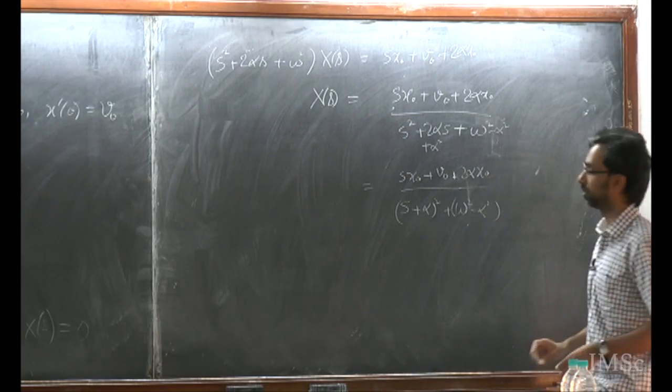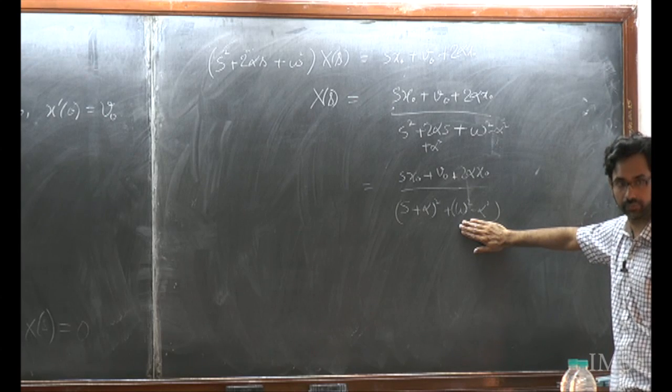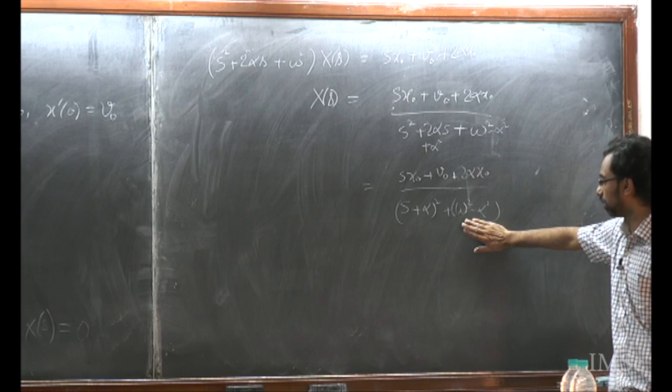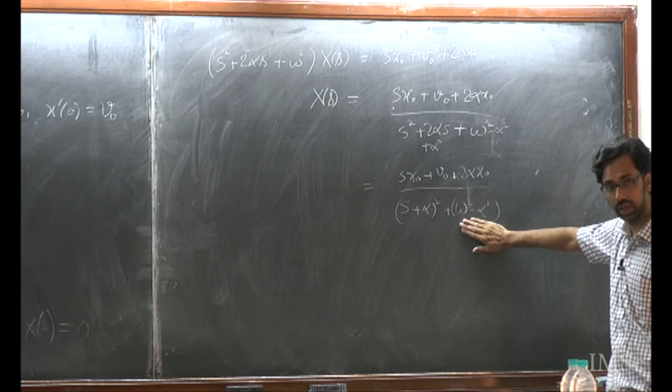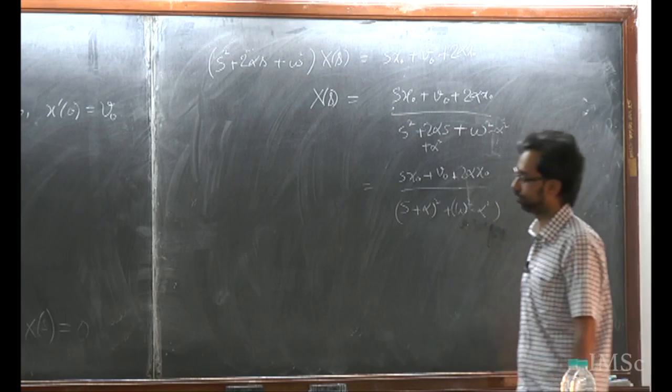And now the behavior of the system will depend heavily on this term, right? Whether omega square is greater than alpha square, omega square equal to alpha square, or omega square is less than alpha square.